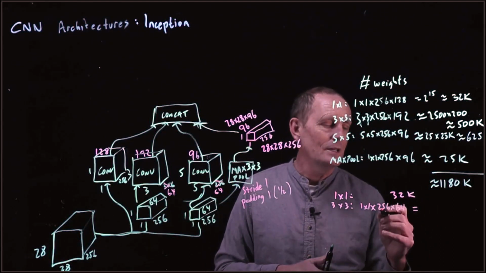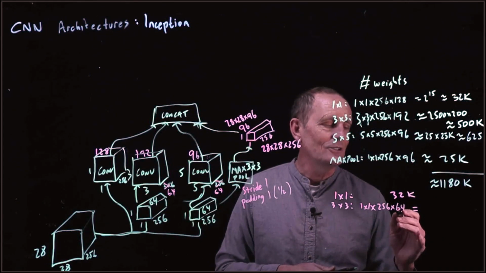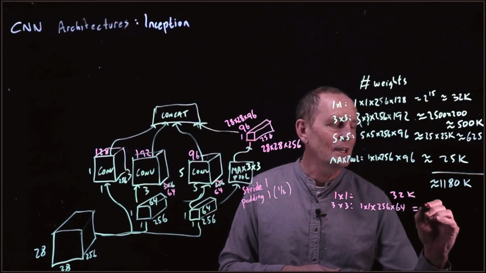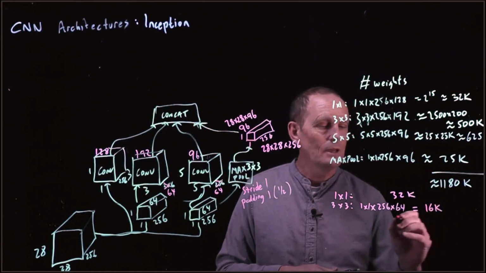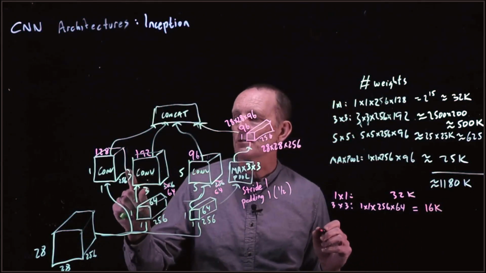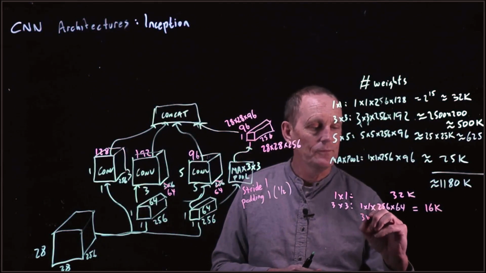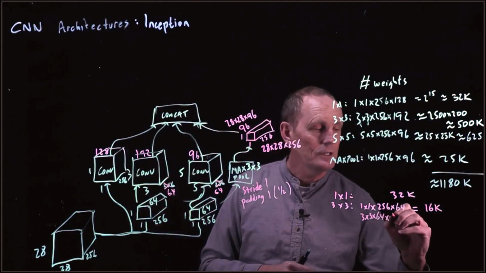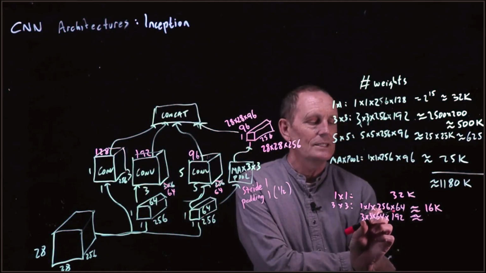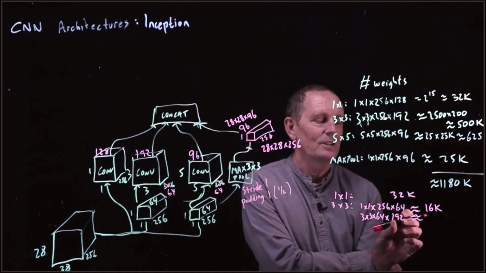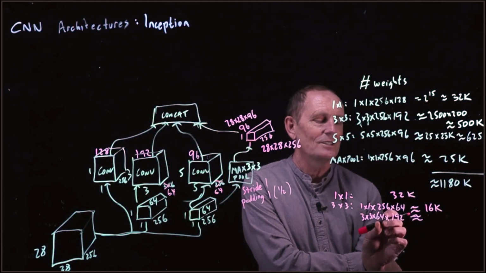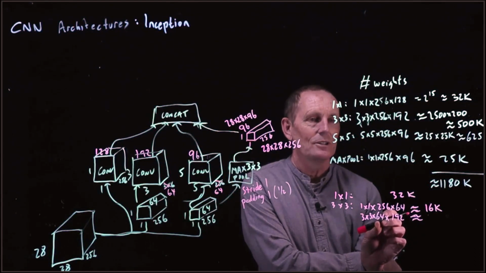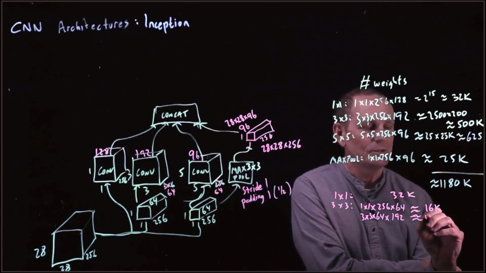So that's going to be 2 to the 8th times 2 to the 6th, which is 2 to the 14th, so that's going to be about 16K. And then we also have now our 3x3 by 64, and we again still have 192 of these. So let's see, this is about 10 times 200, which is 2,000. 2,000 times 60 is about 120,000.